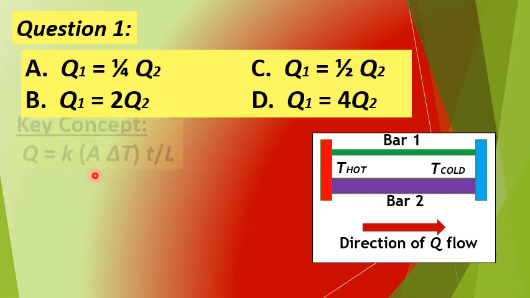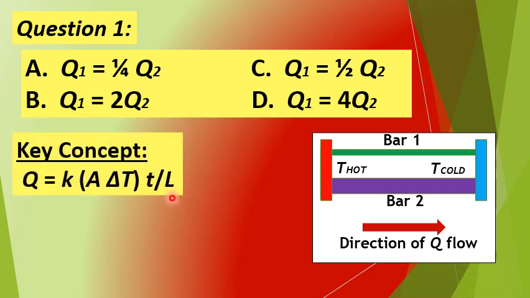So, our concept is based on the fact that the amount of heat, big Q, is equal to the product of the constant small k, the cross-sectional area capital A, the change in temperature delta capital T, multiplied by the time elapsed, but divided by the length of the bars.